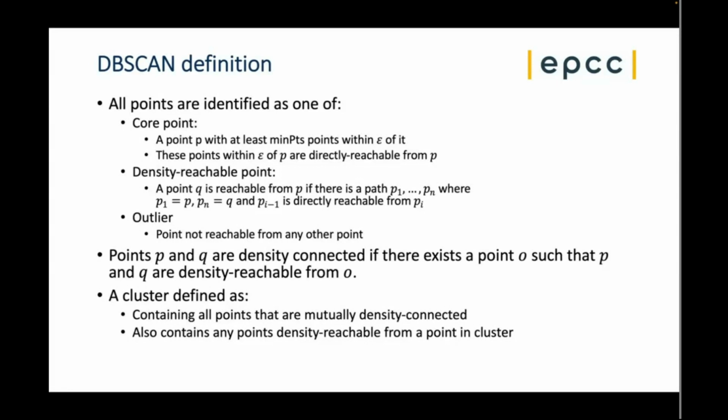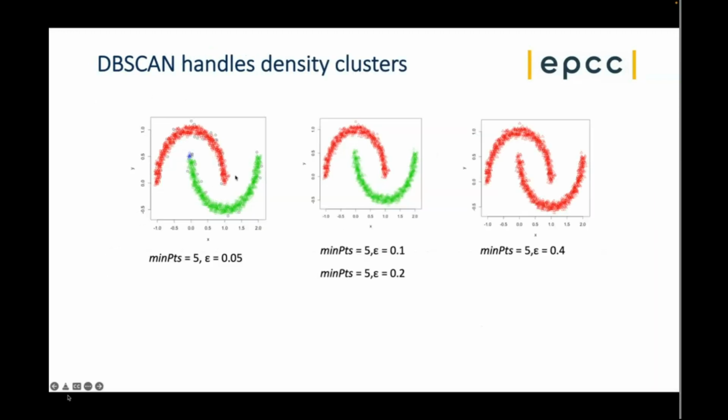Then the cluster is defined as containing all of the points that are mutually density connected, and also contains points that are density reachable from a point in the cluster. It gets a little bit mathematical. I don't think it's easy in a short course like this to explain in detail what's going on here. But the end result is the most important thing: it can identify these kinds of clusters.